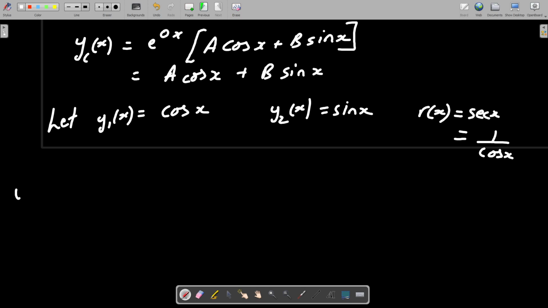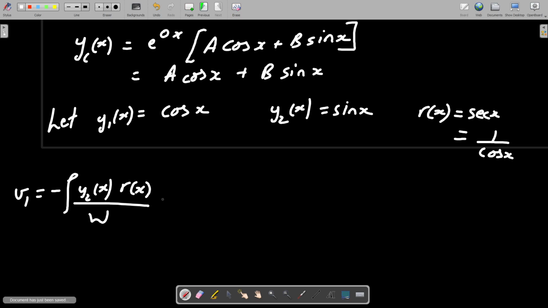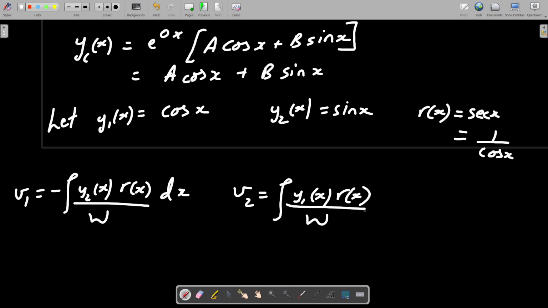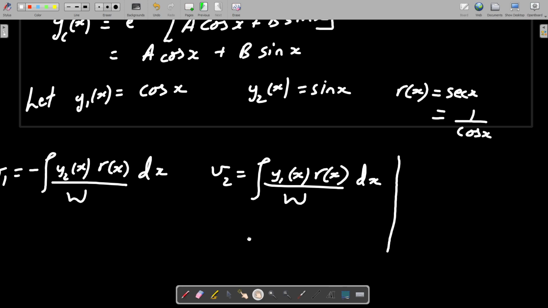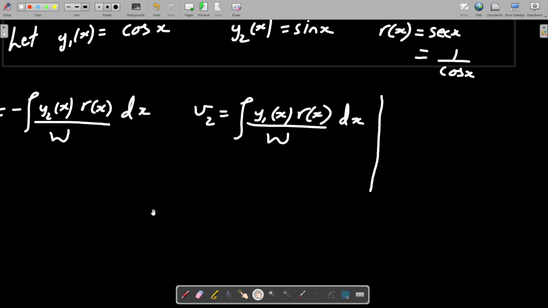Okay, so now let us find out what is v1 and v2. v1 is minus times... yeah, I had to calculate the Wronskian, I forgot.